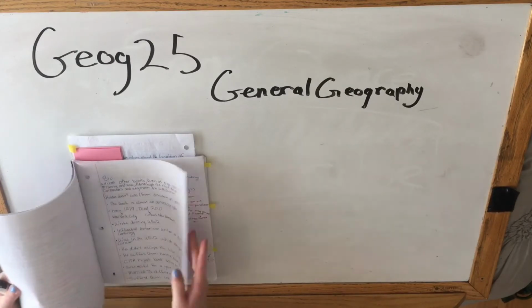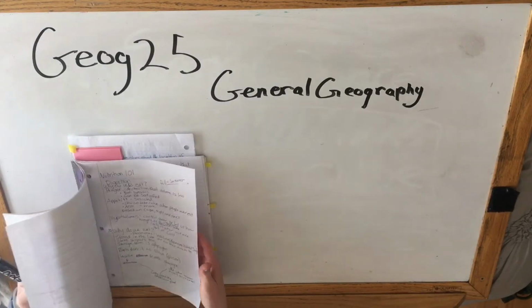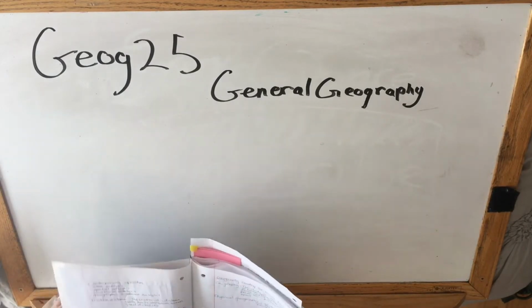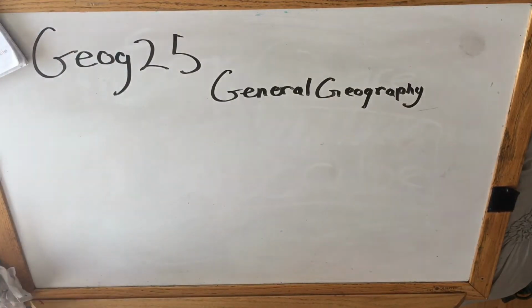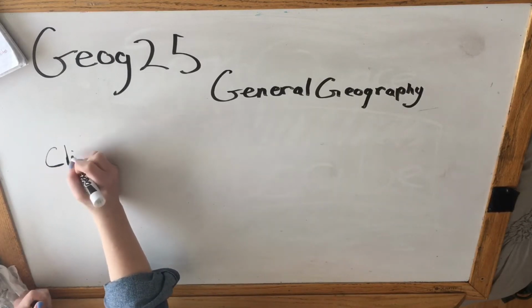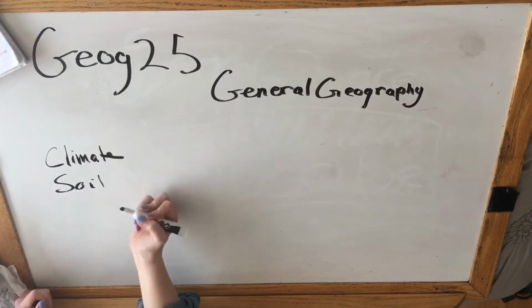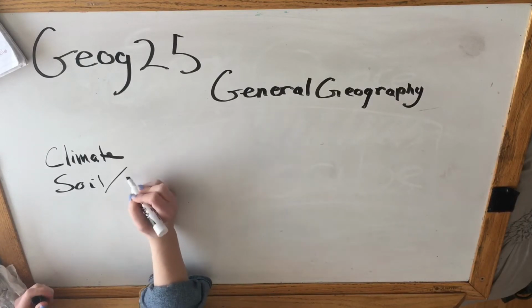Something that I didn't put on my notes here that I need to mention is that there is also physical geography and human geography. Physical geography studies the characteristics of a physical environment. For example, when geographers focus on climate, soil, vegetation.